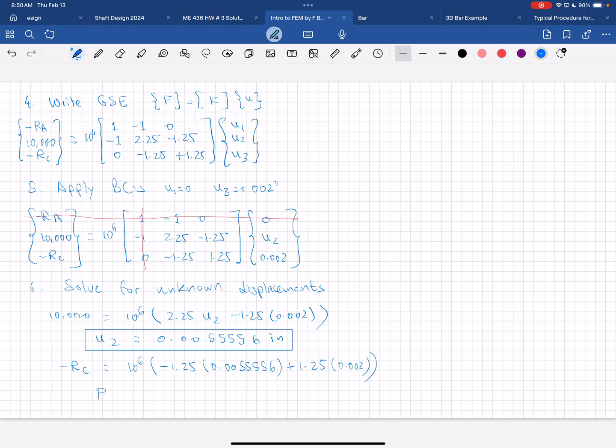From this, we find that RC is equal to 4,444.4 pounds.